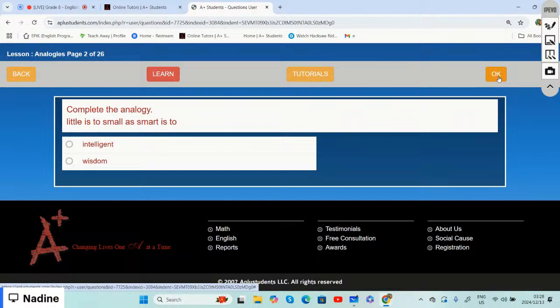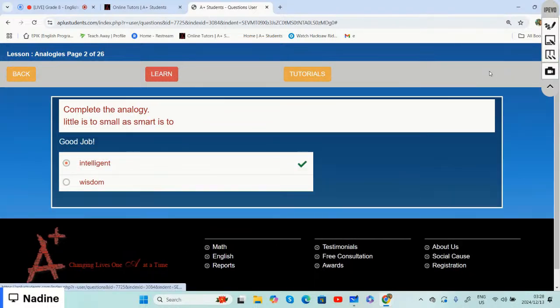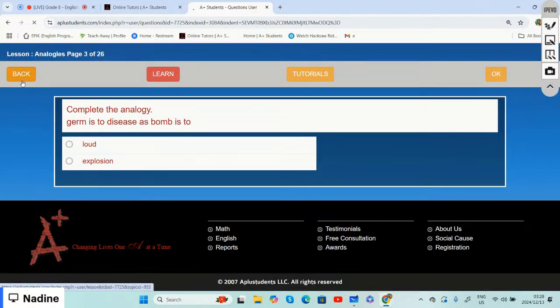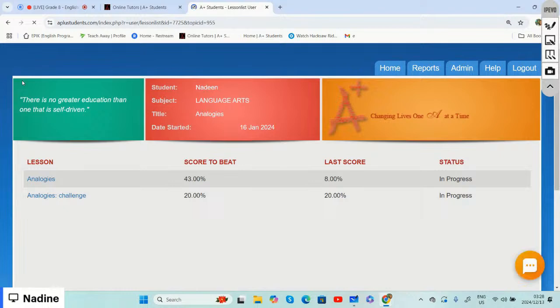So we can say little is to small. Smart can either be intelligent or it can be wisdom and knowledge. For now, let's say smart and intelligent. Yes. Oh gosh, it went out now.